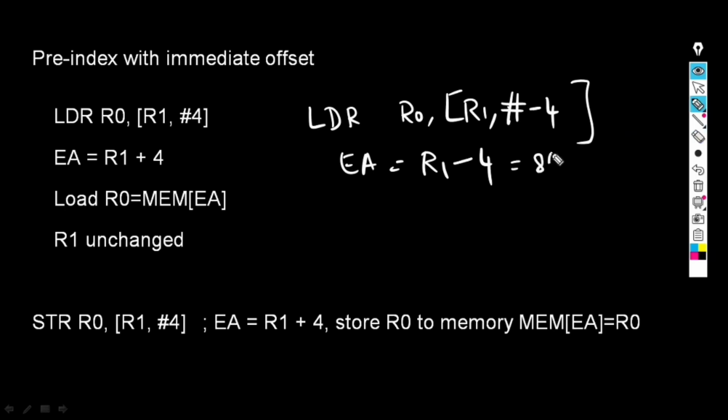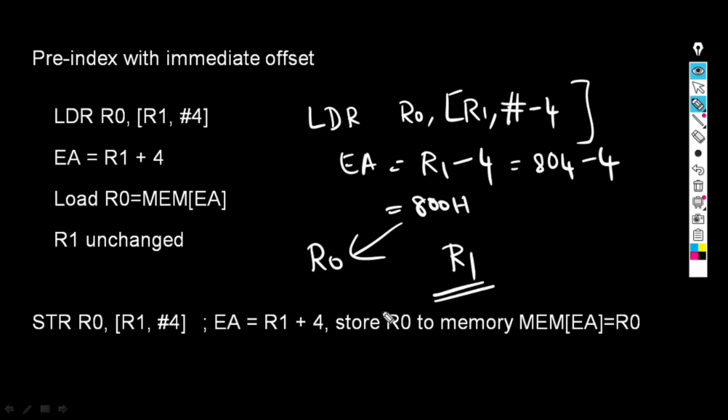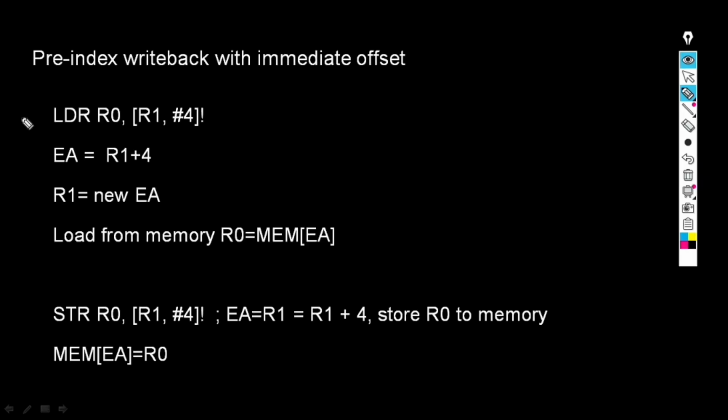That is, if it is 804, then 804 minus 4, so your address would be 800H. Then from this memory location, whatever data is there is loaded to R0, and R1 remains unchanged.